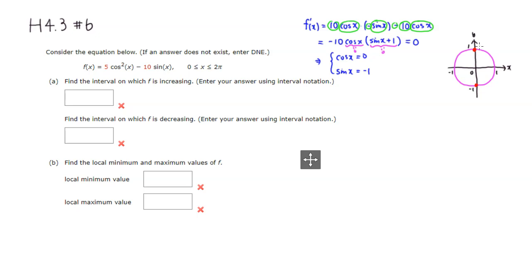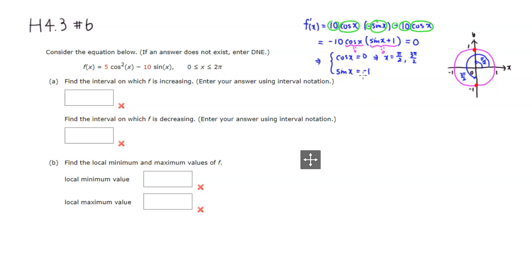So the angle is pi over 2, or you can go all the way down here, that's 3 pi over 2. So cosine equal to 0 gives you x equals pi over 2 and 3 pi over 2.